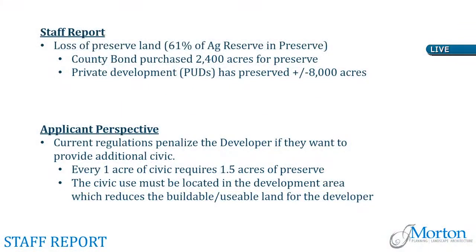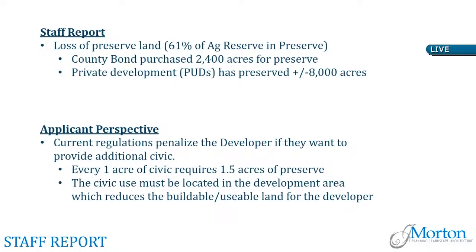So in the staff report, we understand that staff is concerned about the impact on the preserve area. However, it's also important to note that in the staff report, they identify the amount of preserve that currently exists in the Ag Reserve. The county bond money, which the county approved a bond, $150 million bond, $100 million purchased 2,400 acres of preservation land in the Ag Reserve.